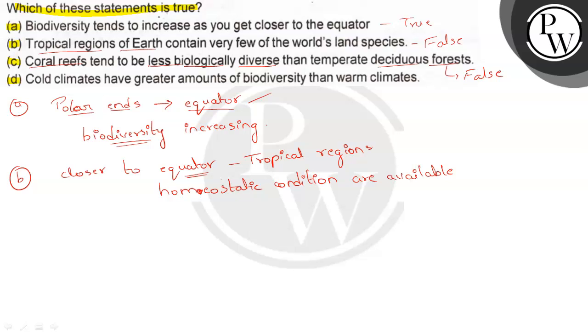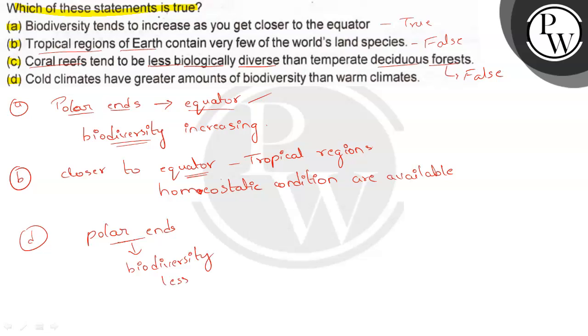Option D, cold climates have greater amount of biodiversity than warm climates. Cold climate has very unfavorable conditions. As an example of cold climate, if we look at the polar ends, the polar regions, the biodiversity there is very low. Only special species can survive there. So biodiversity is less.